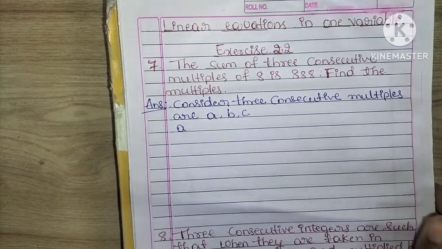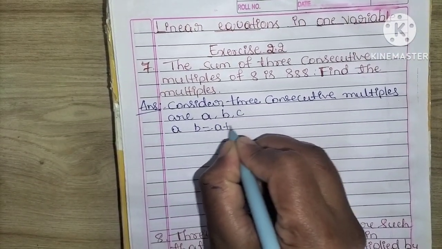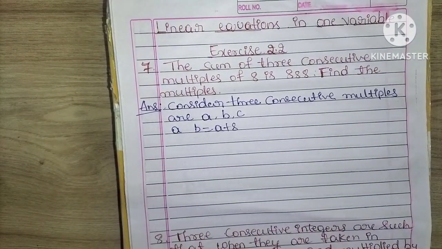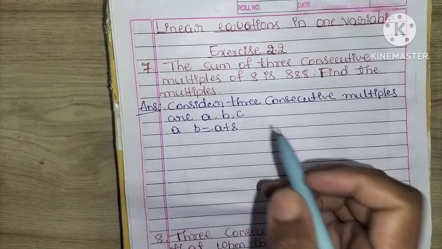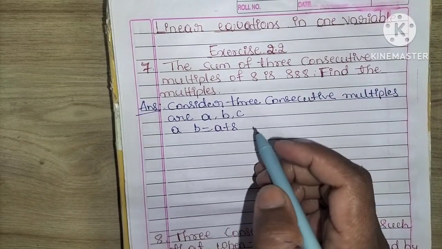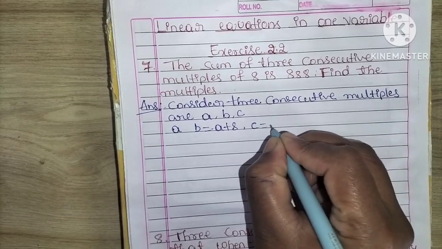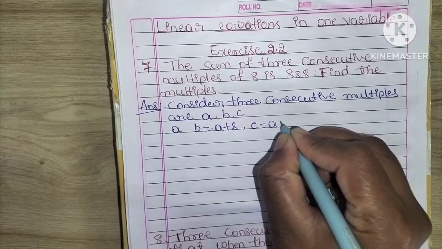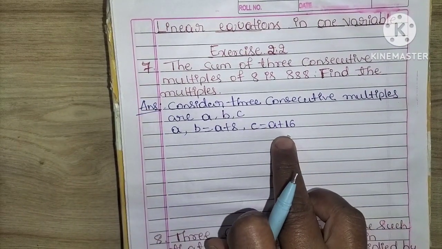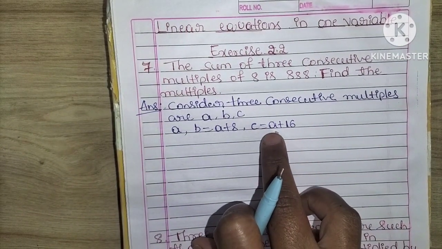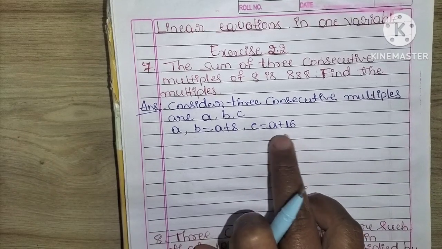If the first number is A, then the second number B is A plus 8, because they are saying multiples of 8, and the third number C is A plus 16. We can also consider C is equal to B plus 8.